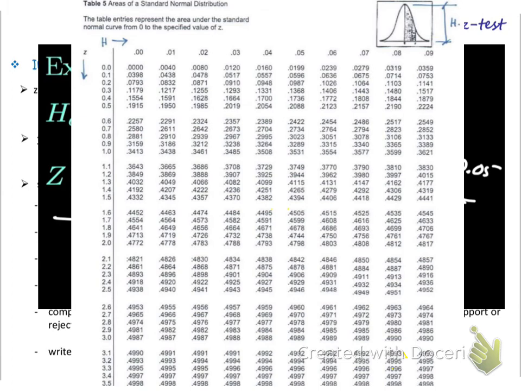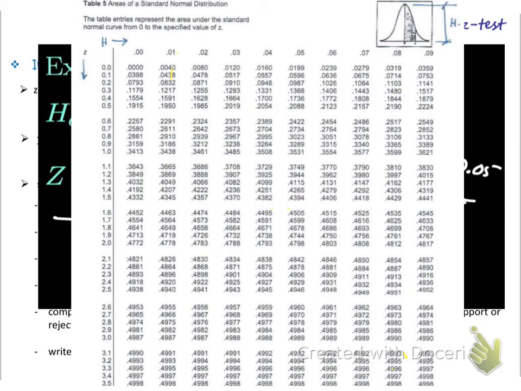So if I look here, I'm looking for the probability. I should not look at Z here, because this is the Z value. Normally I get a Z value and find the probability. But in my case, I already have the probability, because the area is the probability. So I have to find the probability in these values.